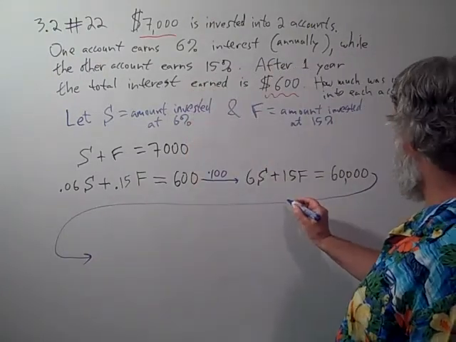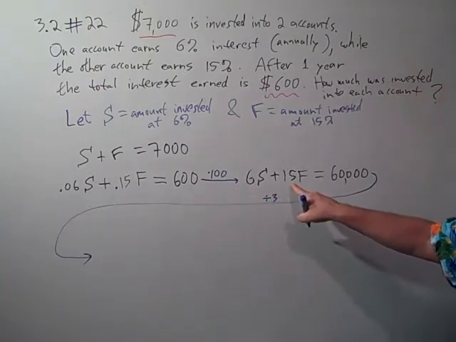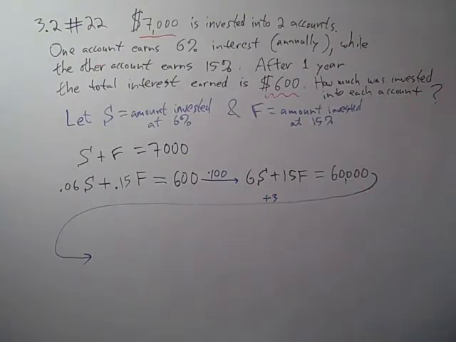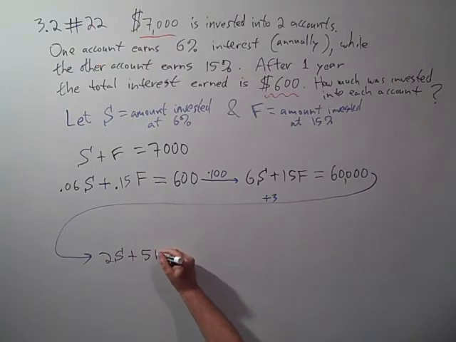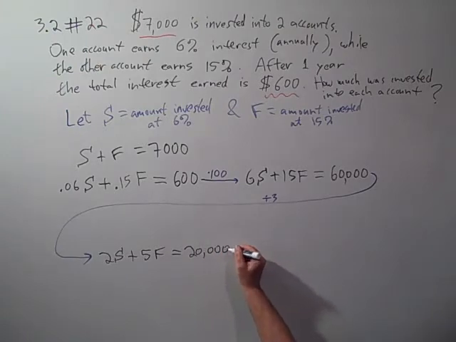We're going to divide by 3 because 3 goes into 6, 3 goes into 15, and 3 goes into 60,000. Dividing by 3, we have 2S plus, 3 goes into 15 5 times, 5F equals 20,000, because 20,000 times 3 is 60,000.